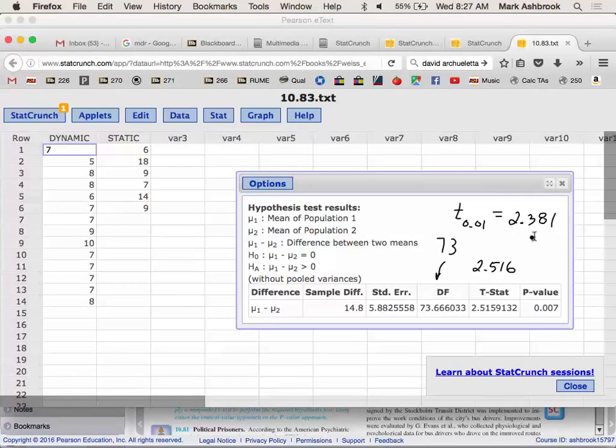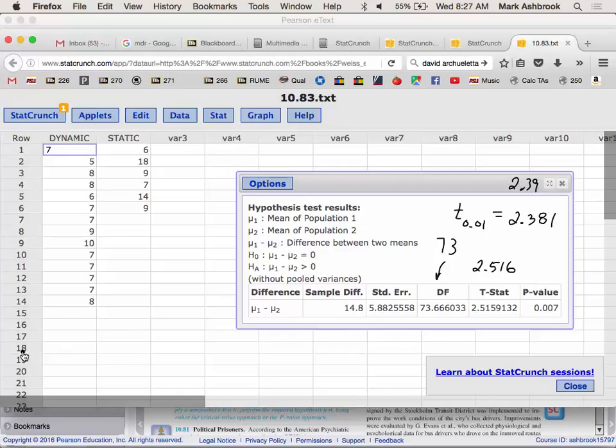So 60 was 2.39, and 70 is 2.381. Then 73 is going to be 2.38 or maybe 2.37. They're getting less anyway, right? As you go up, they're getting less, and we're comparing it to 2.516. So we're okay to just use the 70 instead of 73. It's not going to make a difference for our conclusion.